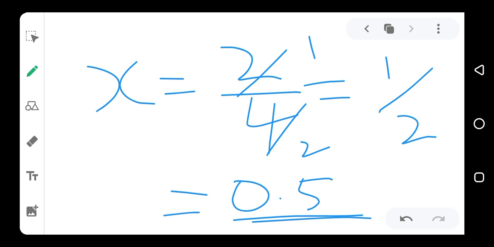So whichever method we use, we are still going to get the same thing.